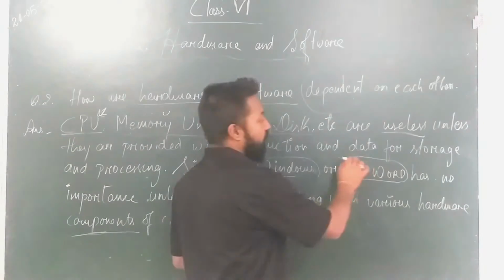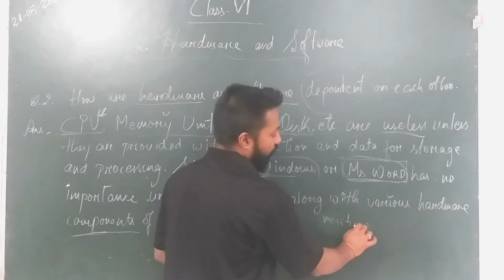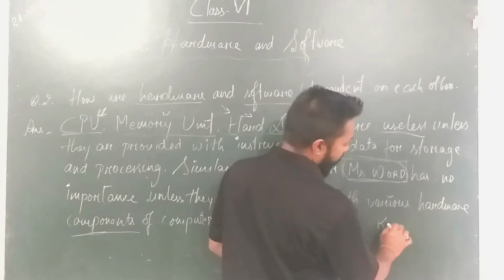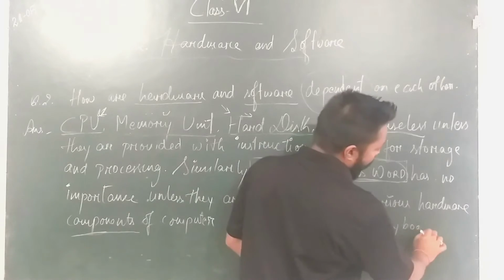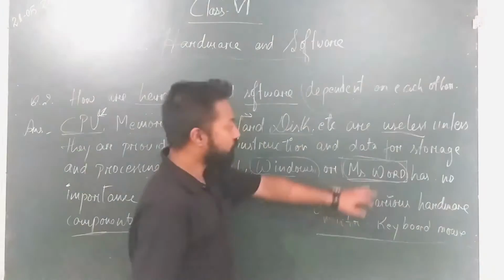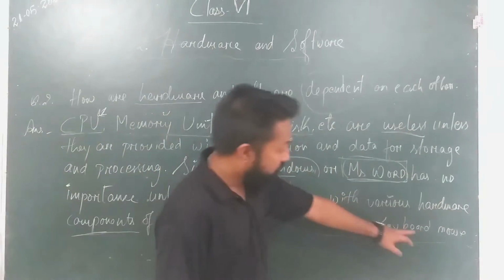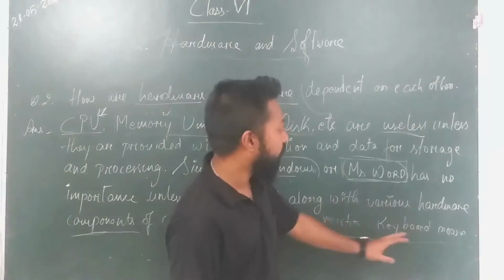If your computer has MS Word but you don't have any monitor or a keyboard or a mouse, then the MS Word will be of no use. Since you don't have any keyboard, you won't be able to type here. Since you don't have any mouse, you won't be able to select any options.